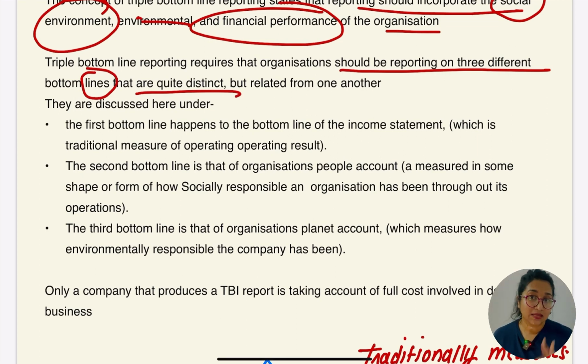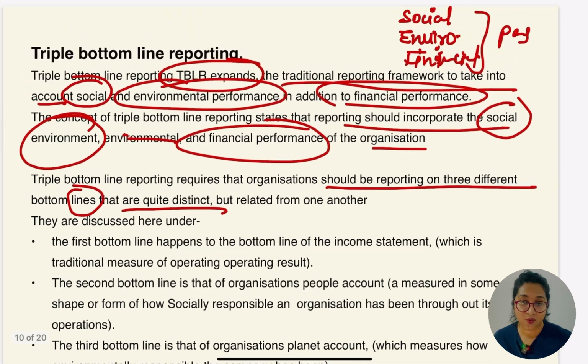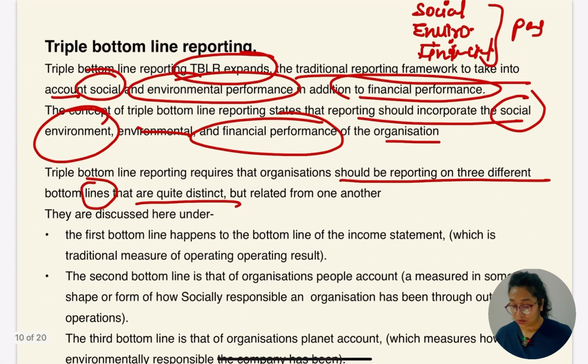So as the name says, triple bottom line reporting, there are going to be three parts. First, as I told you, they are focusing on the social, environmental and financial performance of the organization. The triangle is divided into three parts, first, second and third.